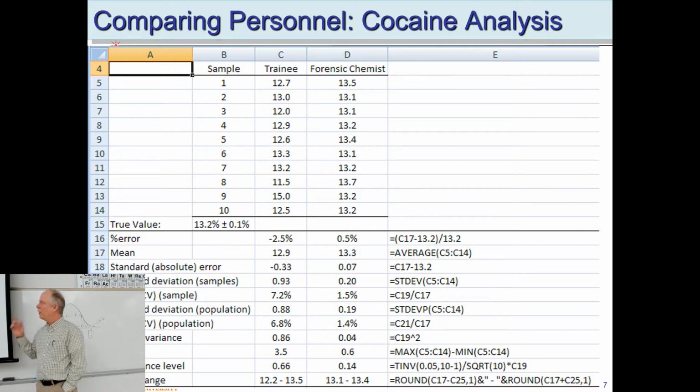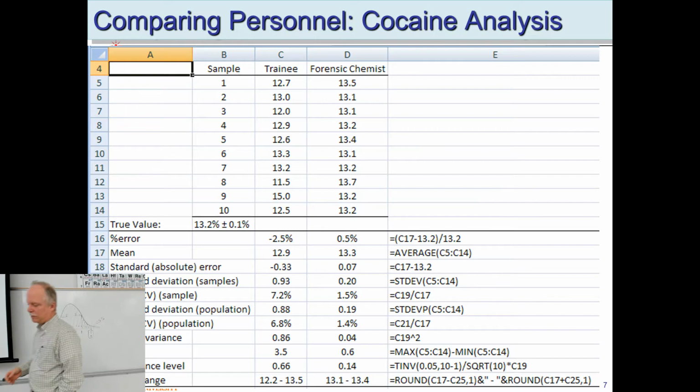And so, the trainee is 12.9 and the accepted value is 13.2. And so we see that the trainee is low. All right? So we want our error term to be negative. We want to see that our trainee is low. And so when you see a negative value, you think, oh, that's below 0. So you want to subtract the true value from the trainee value, the mean. Since the true value is higher, it comes out as a negative number.